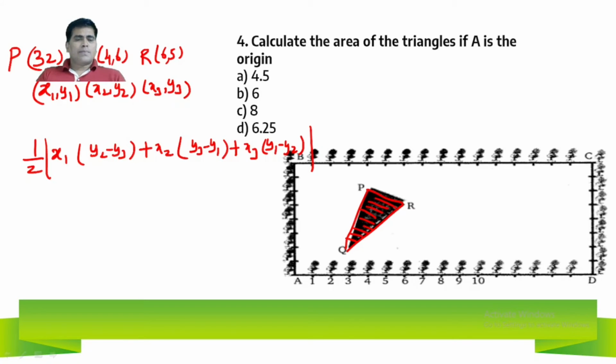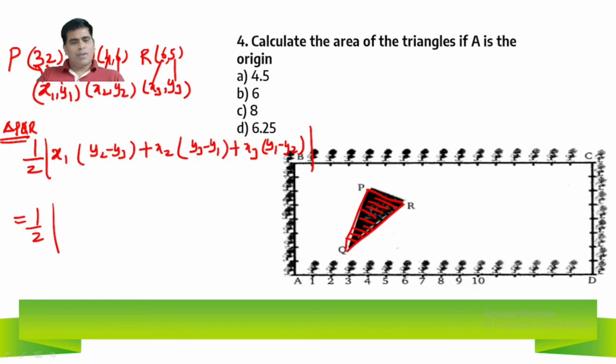So let's substitute these values in this formula and we will get the area of the triangle. Triangle PQR area, we can get it easily. So substitute 1 by 2 of x1. Here this is x1, this is y1, x2, y2, x3, y3.